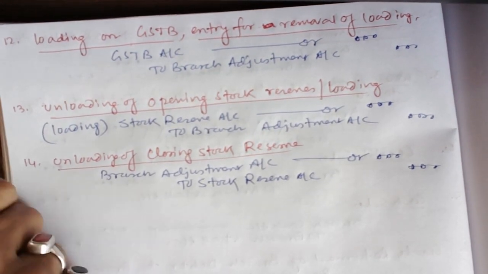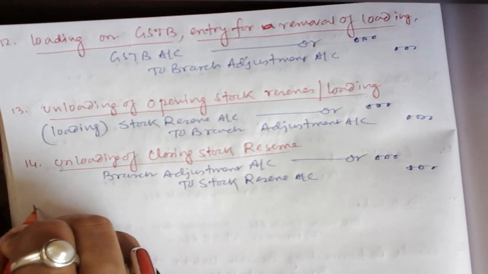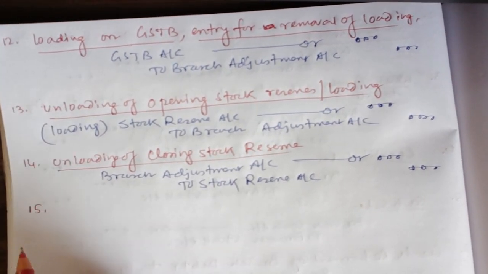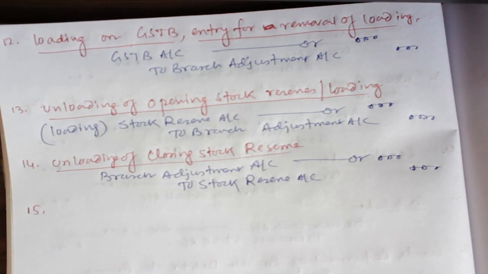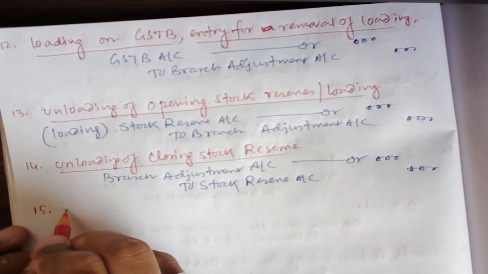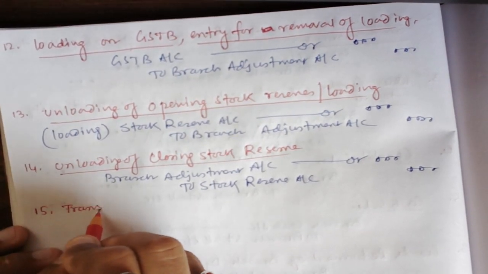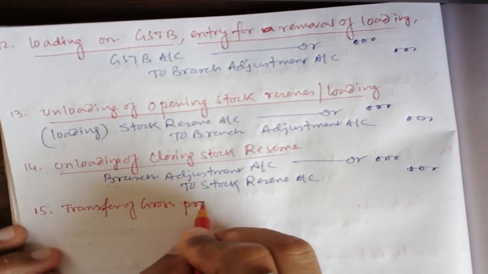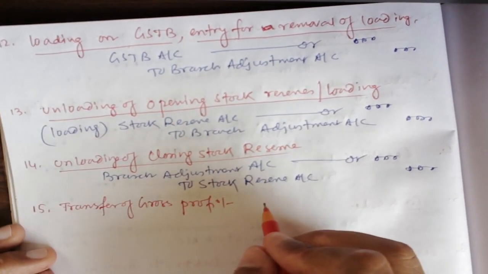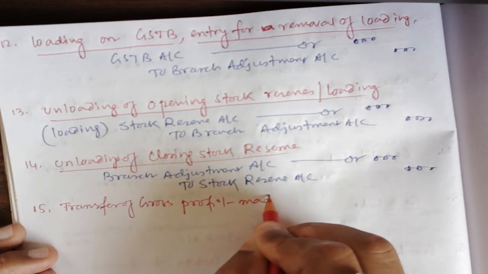Now next, 15, you can write transfer of gross profit made by branch.